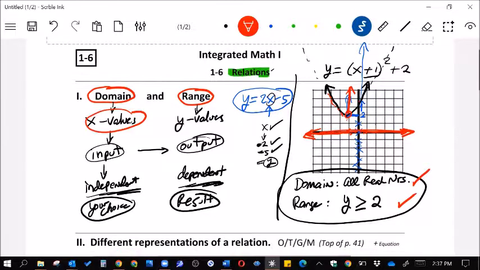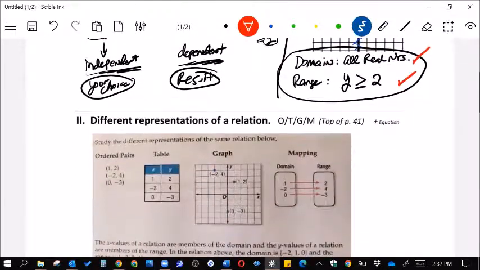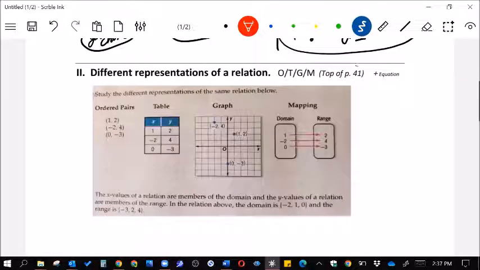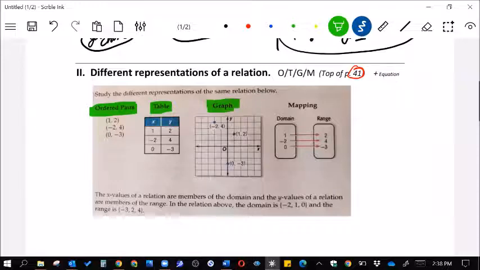Now let's take a look at different representations of a relation. This comes from the textbook, as I mentioned here, top of page 41. And so you can represent a relationship as a set of ordered pairs, or in a table, like we see here, or on a graph, just simple dots, these are the same ones, or in mapping, where you match up, like go back to the table or even to the ordered pair.